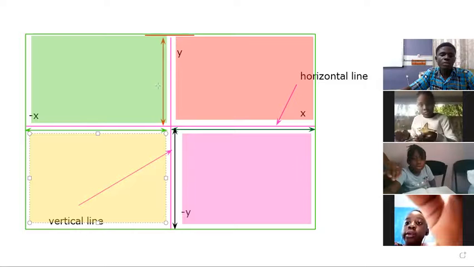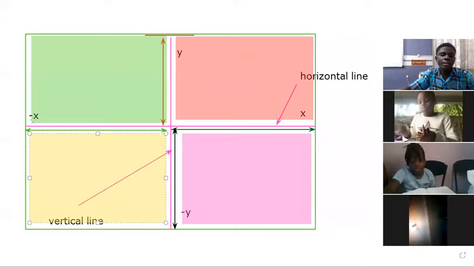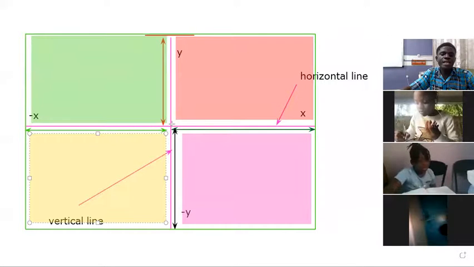This place is negative X. And from the center, the negative X means that any number we put on this line should be a negative number. Is that okay? And from the center to up here, any number we put here should be a positive number, because it is positive Y.